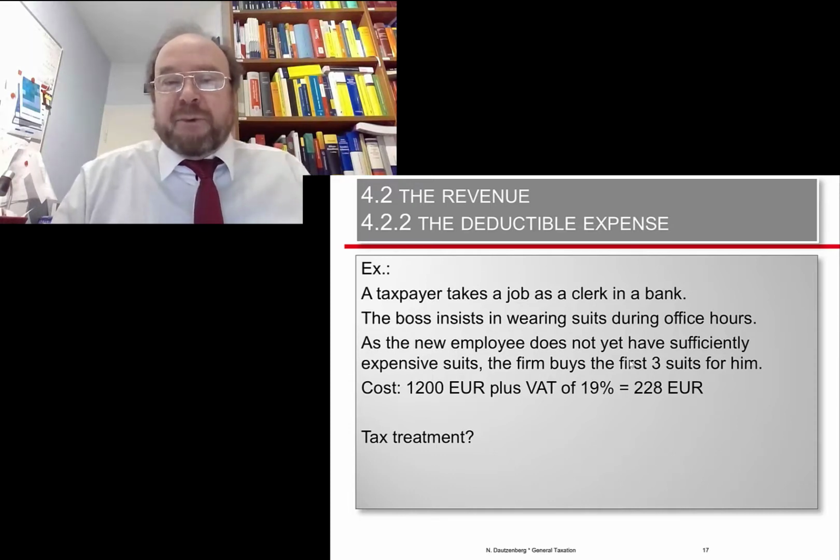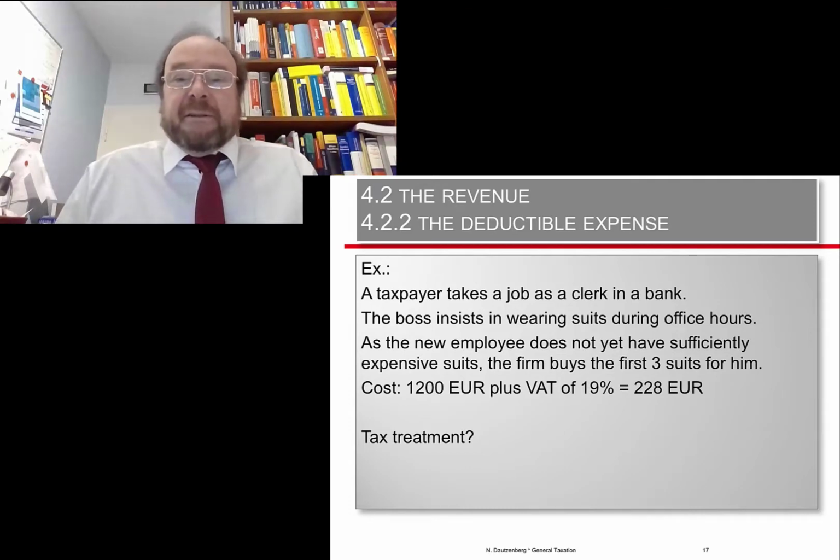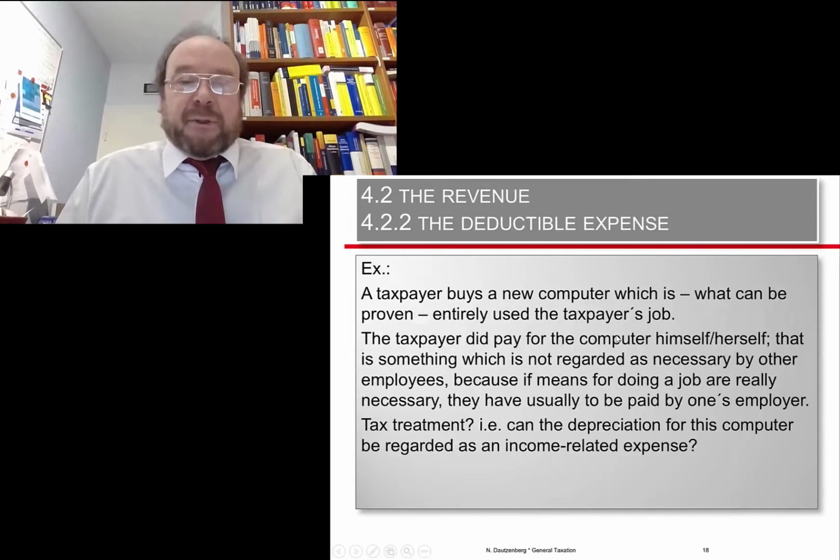So we can prove that it's under normal circumstances absolutely excluded that they wear these suits or clothing for private occasions, and so we can prove there is only the income related motive. They only can wear that during their office hours. Indeed, that makes it plausible enough.